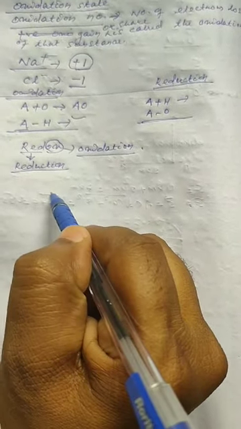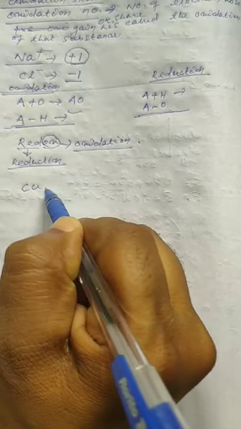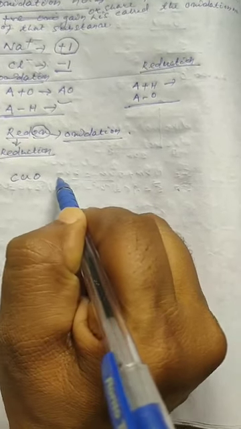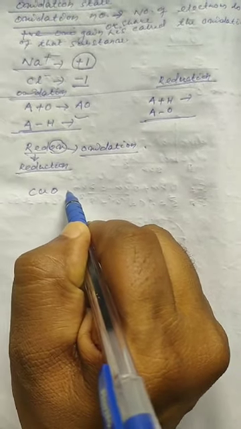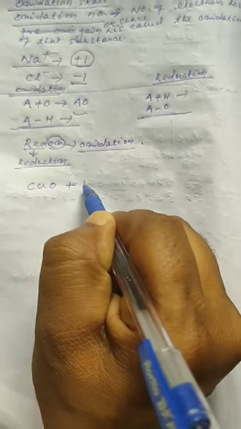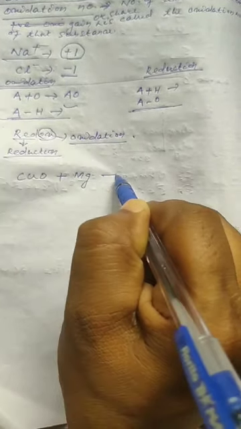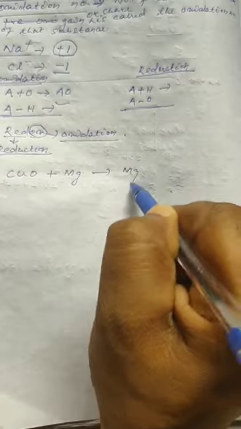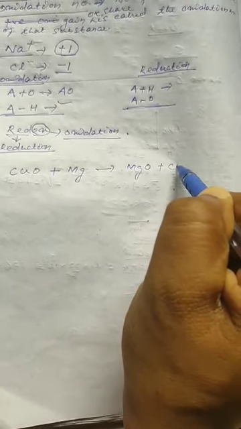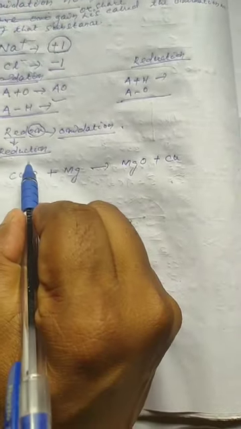See, I will tell you one example. Suppose copper oxide combines with magnesium to give magnesium oxide plus copper. Here oxygen is removed from copper oxide to form copper.